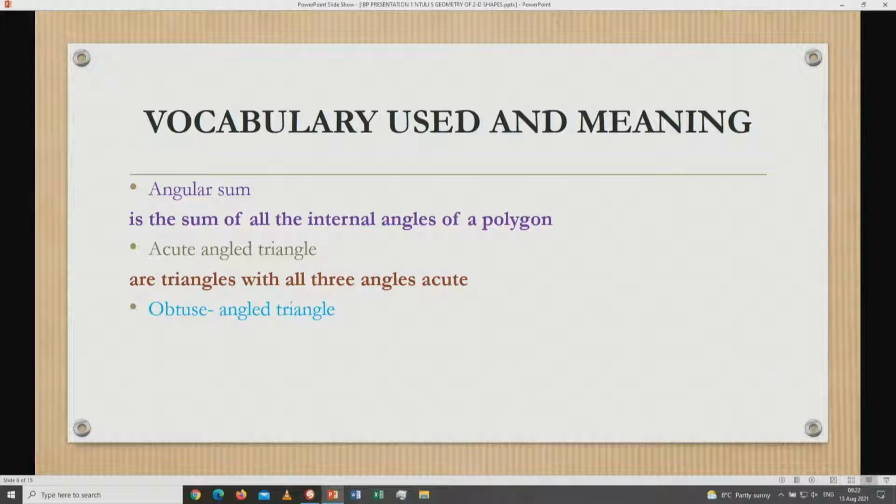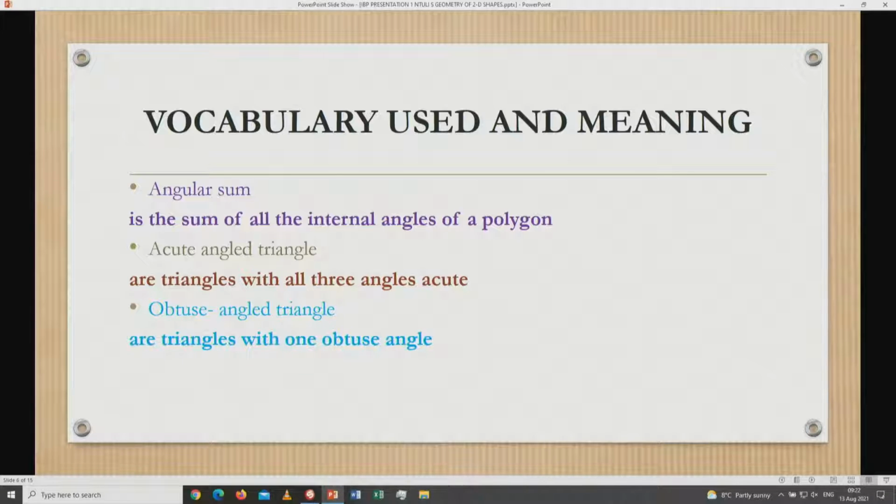And then the vocabulary that is also used here is obtuse angled triangle. Now we need to understand what is an obtuse angled triangle.